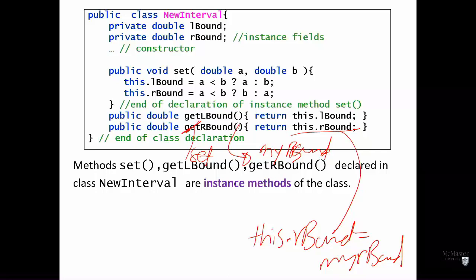Now, how is this different than just allowing the user to say, like, new interval dot r bound equals something, because the user already passed me a value here, right? So again, I didn't do much. I allowed the user to change it the way he would like to do, right?